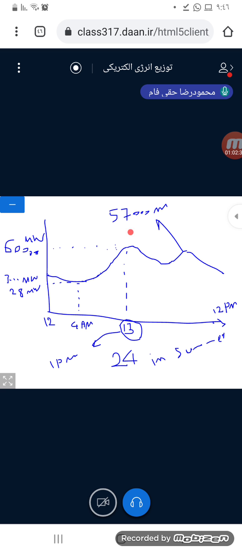In Iran, the peak of the load in summer is the peak in the afternoon. Okay, the afternoon peak is greater than the peak of the night in Iran, because the industrial factories are active here. At night we have almost only residential loads. Okay.